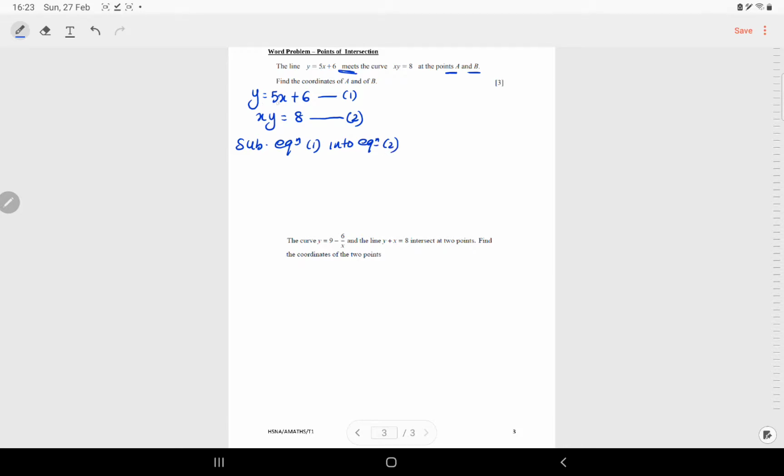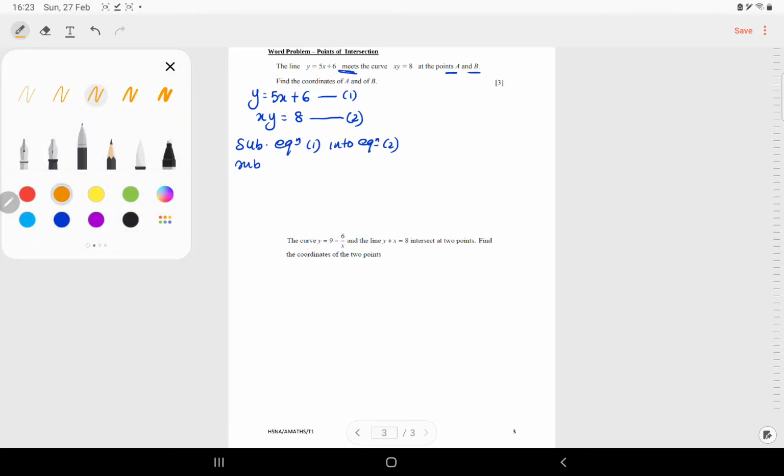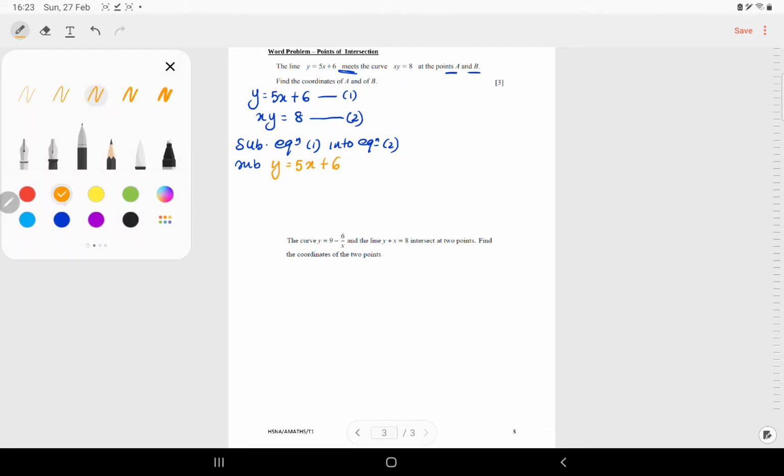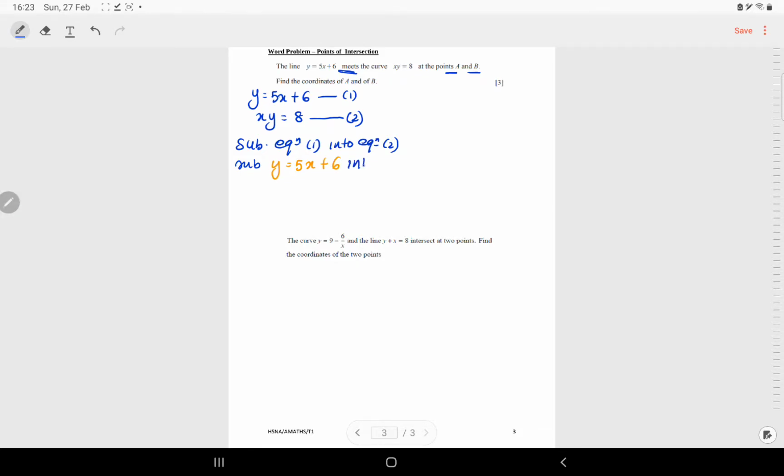So what I'm going to substitute is y equals 5x plus 6 into equation 2. What that means is that my y in equation 2 will become 5x plus 6.